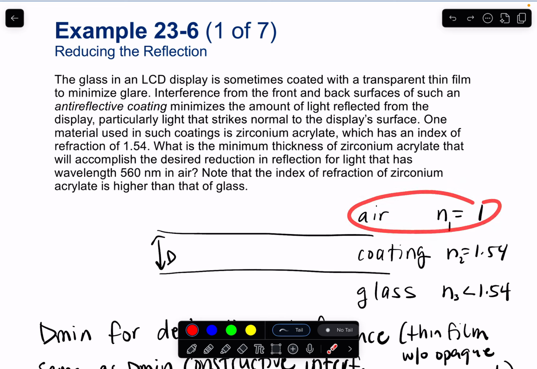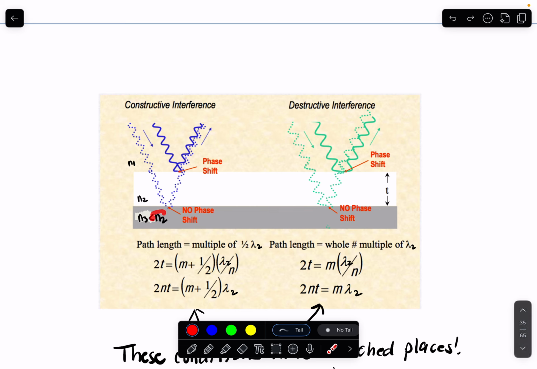And the destructive interference condition for this situation is going to be the same as the constructive for the first thin film 1. But if we're not ready to flip back and forth between the two, you just scroll up and make sure you're looking at thin film 2, where the backing has a smaller index of refraction than the thin film. And so this is going to be our guy right here. We're interested in destructive interference, so we're going to use this equation right here, either one of these.